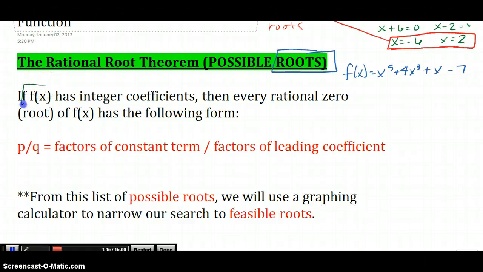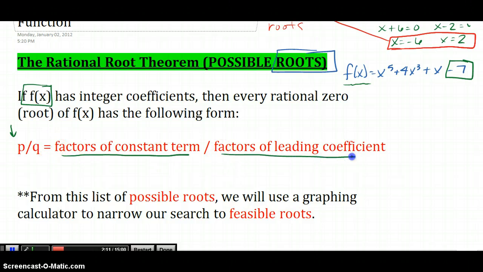So if a polynomial is written as f of x, and it has integer coefficients, then every possible rational zero is going to be written in this form right here, p over q. P is the factors of the constant term, and we divide them by q, which is the factors of the leading coefficient.